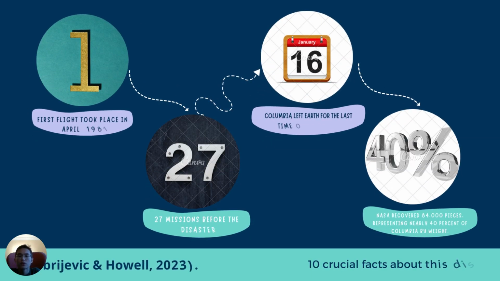And the other four facts: the first flight of the Columbia Space Shuttle took place in 1981, and it also completed 27 successful flights and missions before the disaster itself, and the last flight, the 28th flight, started on January 16, 2003.